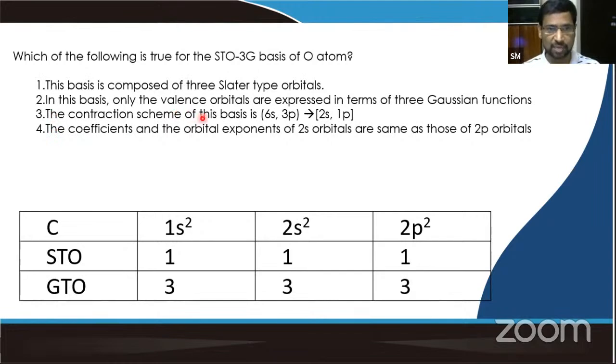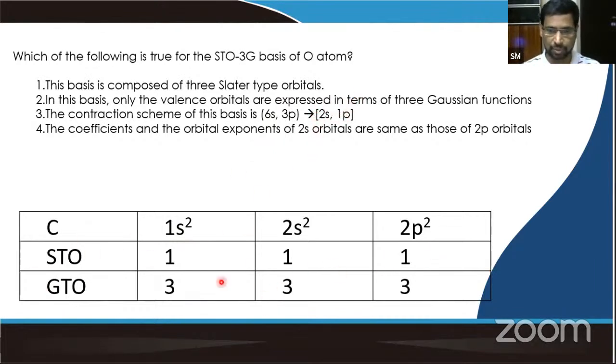The contraction scheme of this basis is 6s3p goes to 2s1p in the square bracket. The square bracket numbers correspond to the Slater type orbitals, and the round bracket numbers correspond to the GTOs. Let us look at the square bracket first.